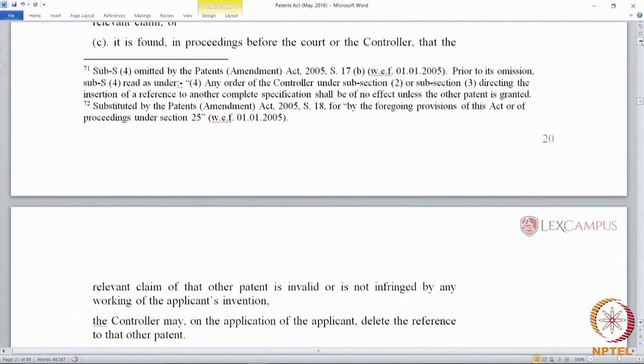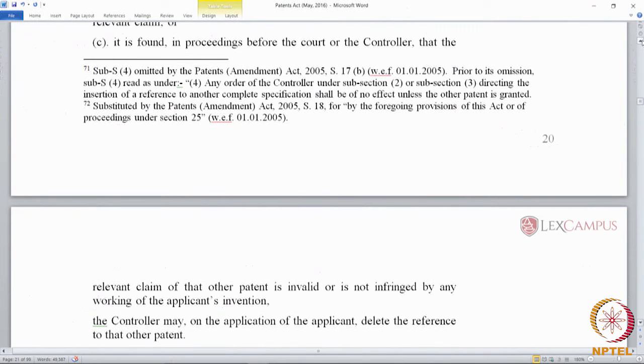Now, not infringed by the working of an applicant's invention is a suit for infringement was filed and the court held that the applicant's invention, which means we can understand that in that case the applicant was made the defendant. The court held that what the applicant was doing, what is covered by his patent, does not infringe. So, invalidity is different from not being infringed.